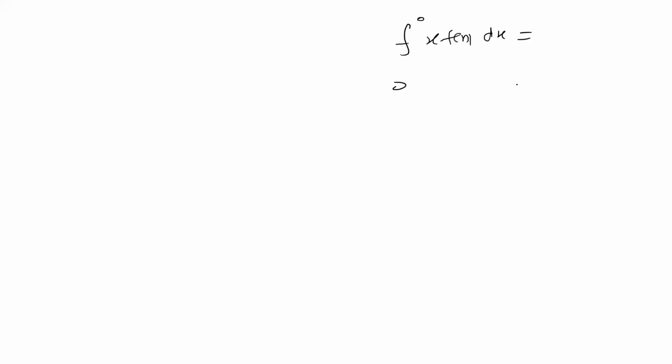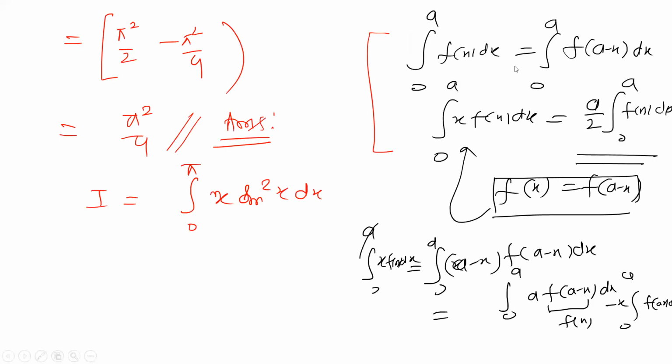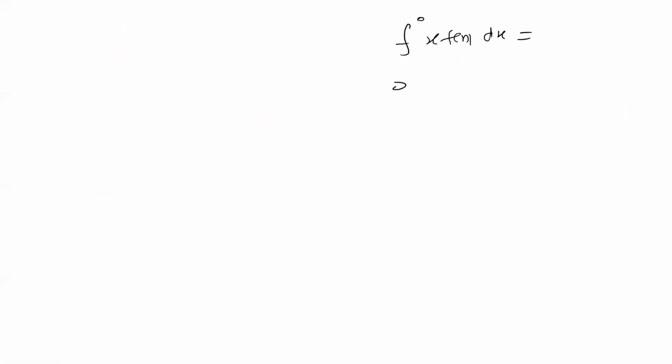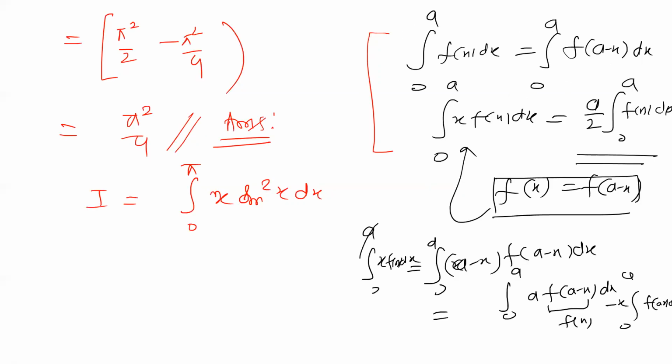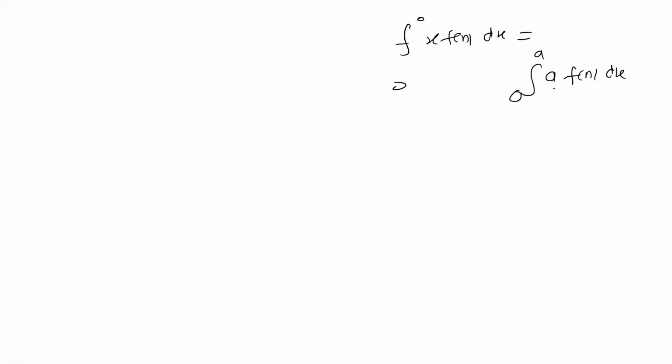So equal to the integral from 0 to a of f(x). Here we have to substitute f(x) equal to f(a minus x). If you apply, you will get the same function, a minus x, minus the integral from 0 to a of f(x) dx. We substitute f(a minus x) equal to f(x).